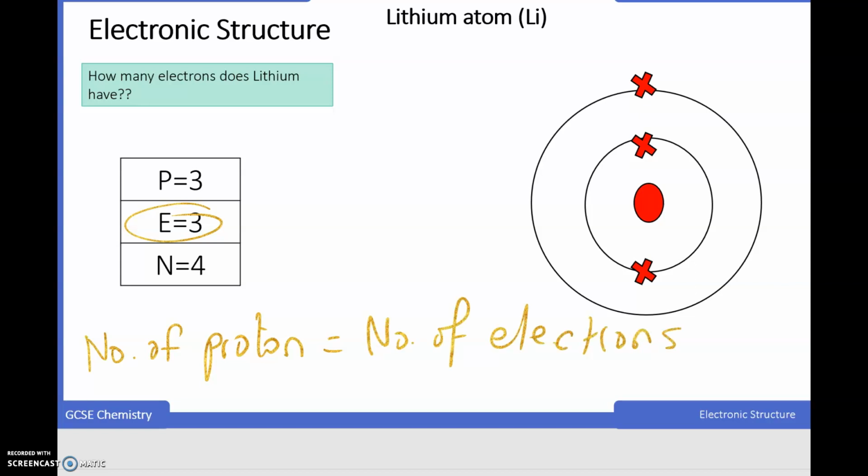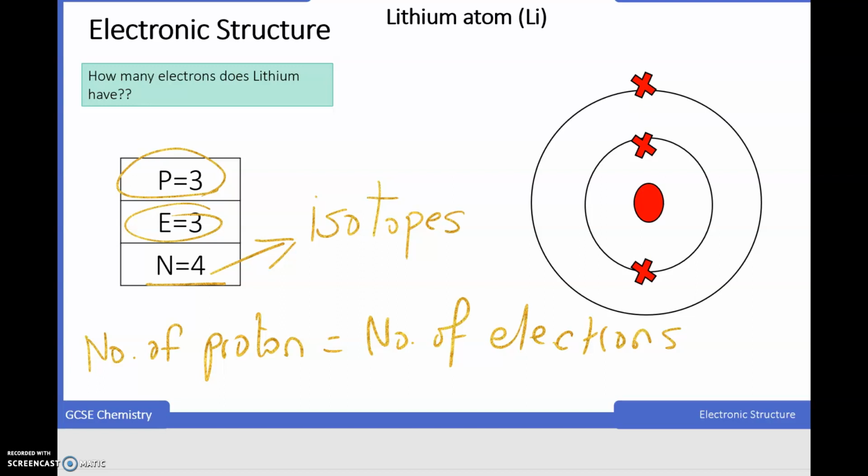So if I have 3 electrons, I have also got 3 protons. You will notice that my number of neutrons here, represented by n equals 4, is not the same. The reason being that the number of neutrons can be different because we have something called isotopes that can be formed, which I will talk about in another video.